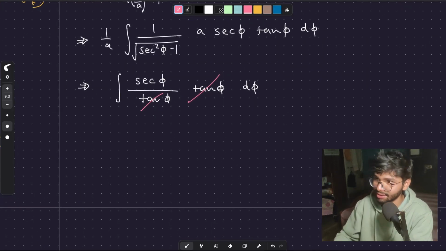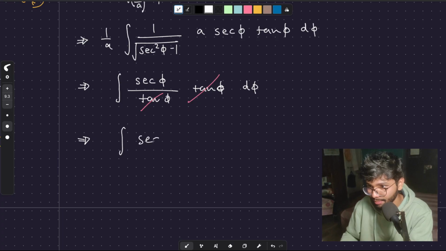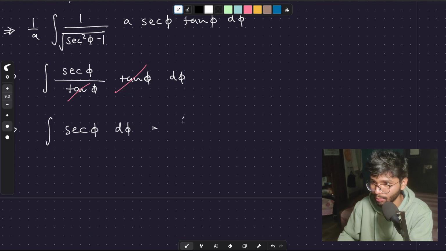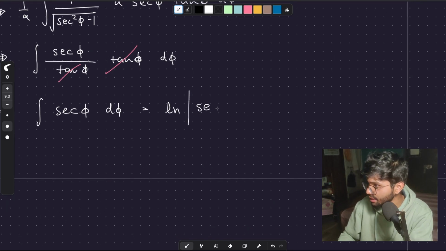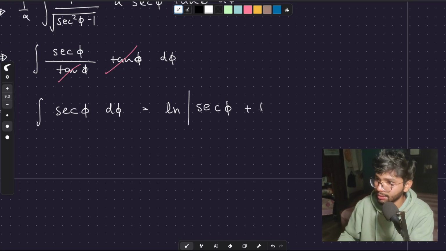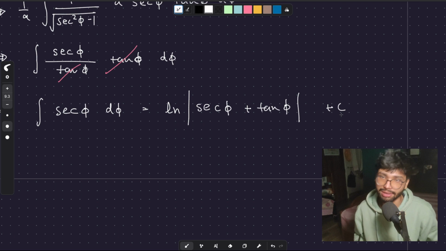We love cancelling things out. We'll be left with a simple integral of secant phi d phi, which equals the natural log of secant phi plus tangent phi, plus a nice old c.